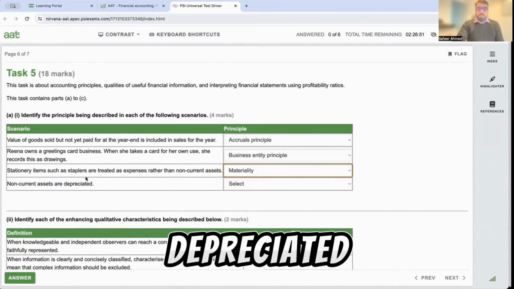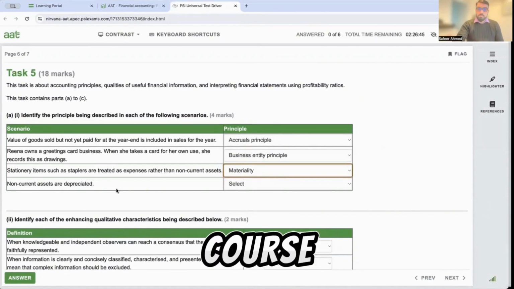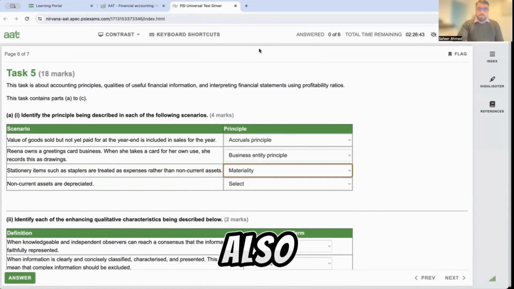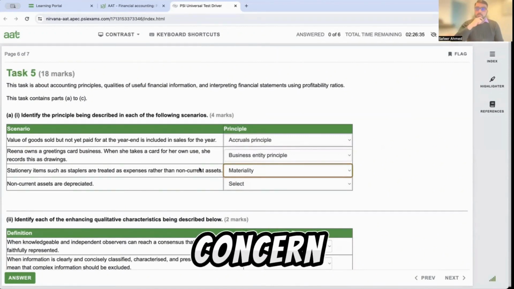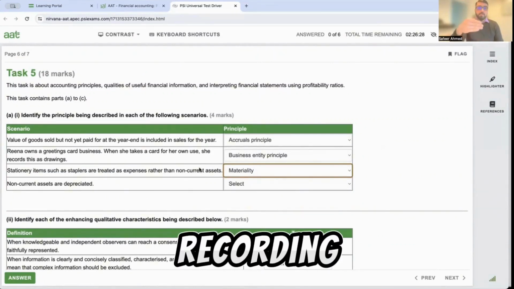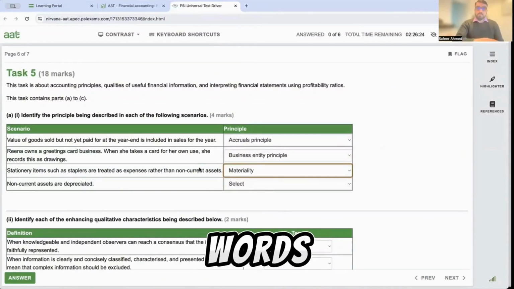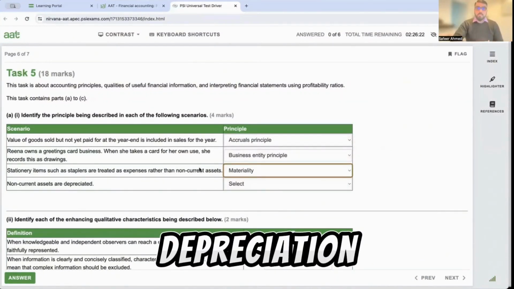Non-current assets are depreciated. Now, one of the principles is the accruals principle, of course, but there is also another principle here, which is, of course, the going concern principle. How is the going concern principle relevant here? Because we are recording the non-current asset at carrying amount, or the net book value, in other words the cost minus accumulated depreciation.